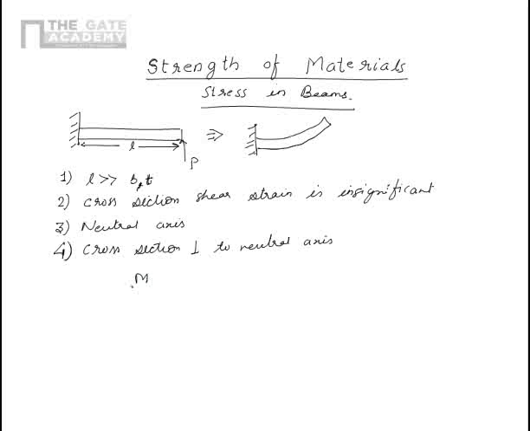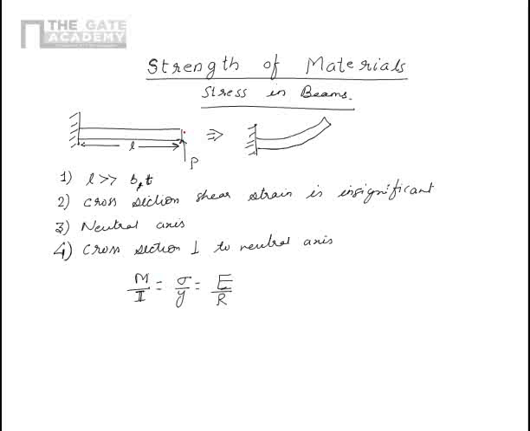So if we have these four assumptions, we can arrive at the formula of bending, which is M upon I is equal to sigma upon y is equal to E upon R, where M is the bending moment, I is the second moment of inertia of the cross section, sigma is the stress at a particular location along the thickness of the beam.